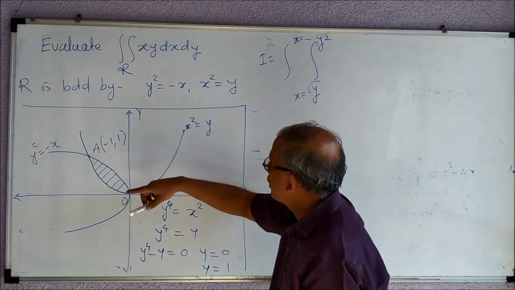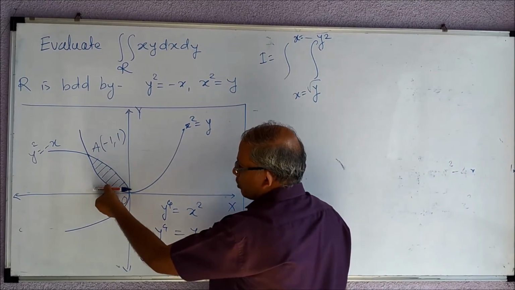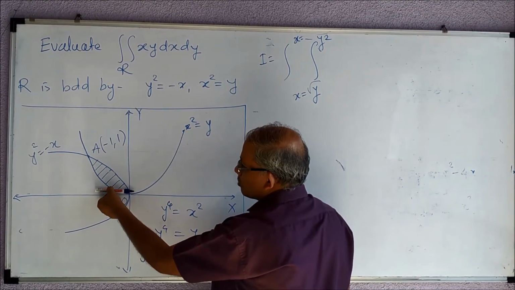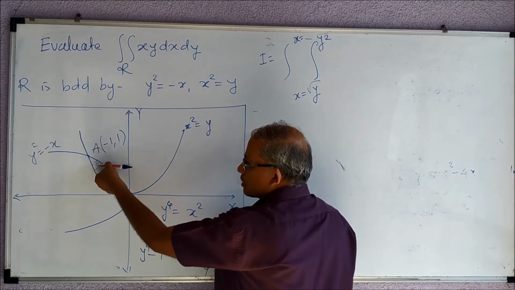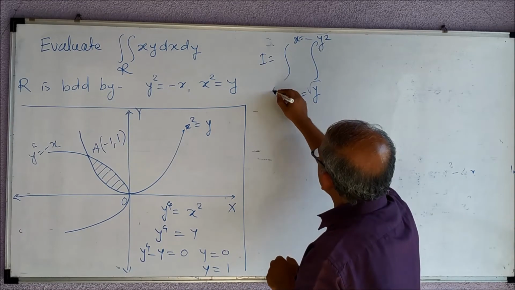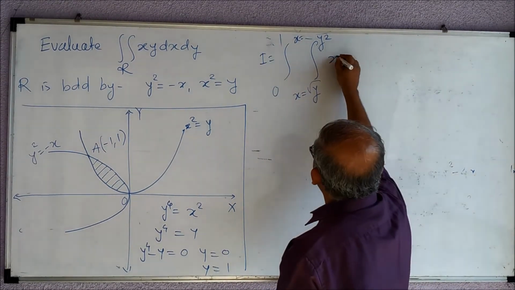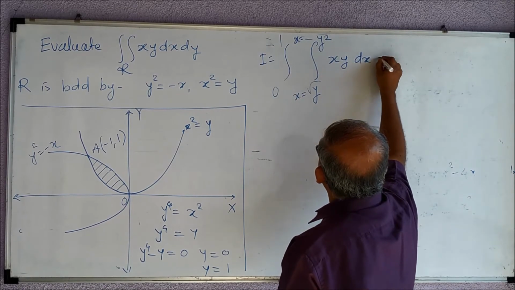Okay, and we have obtained that. Then if I put my pen like this, I am traversing the area from 0 to 1 on the y-axis. So on the y-axis the limit will be 0 to 1, right? And then xy dx dy.